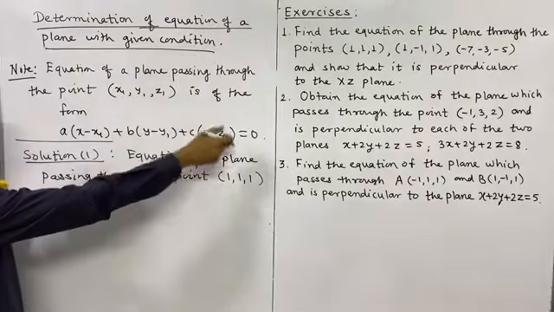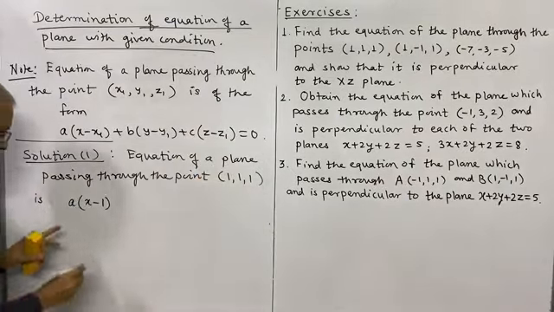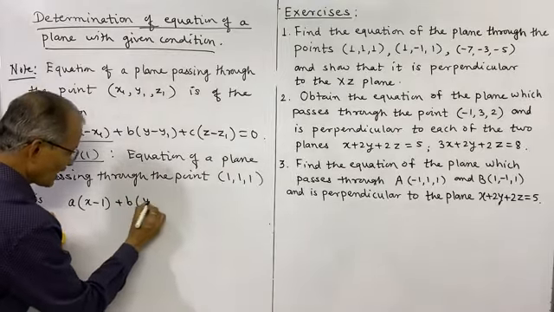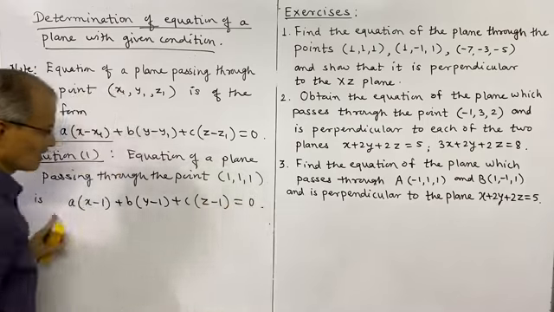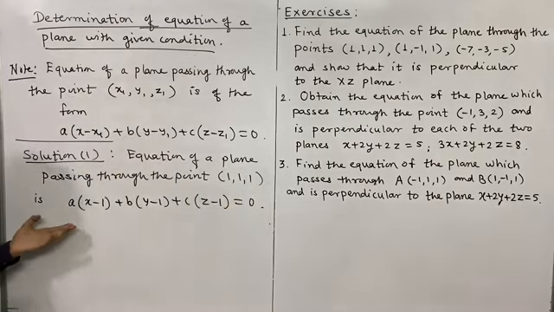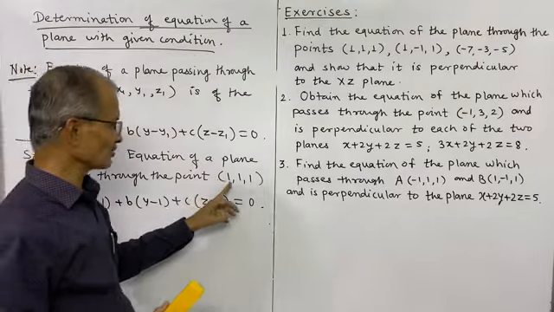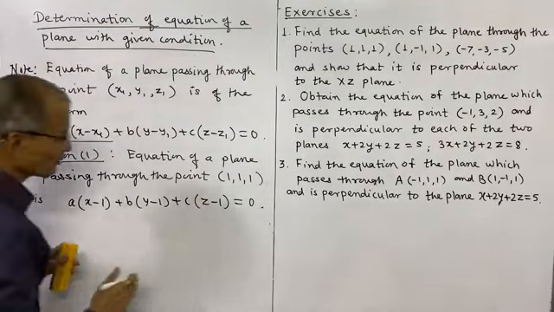Here x1, y1, z1 each is equal to 1, so that will be plus b into y minus 1 plus c into z minus 1 is equal to 0. So this is one step we have, the plane passes through this point. Now we suppose this as 1.